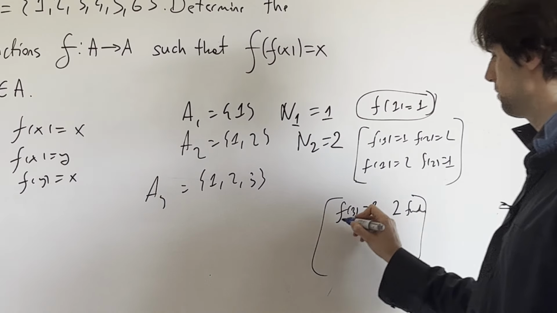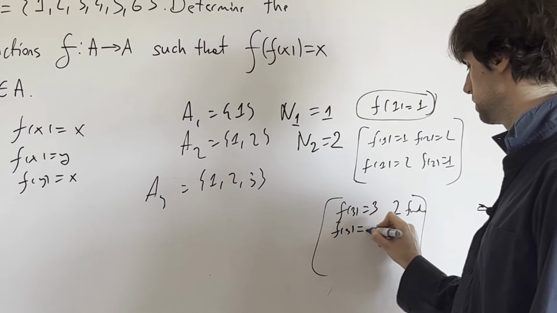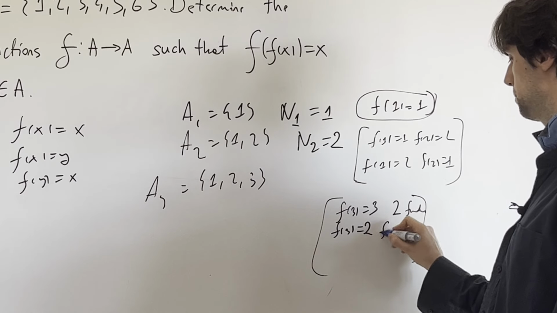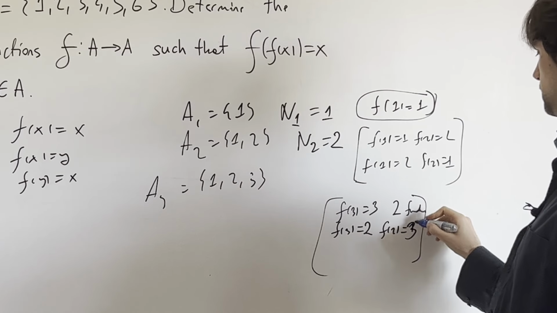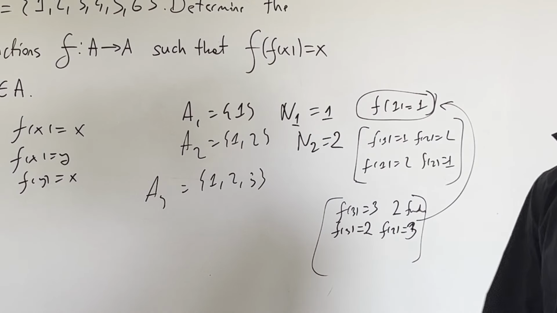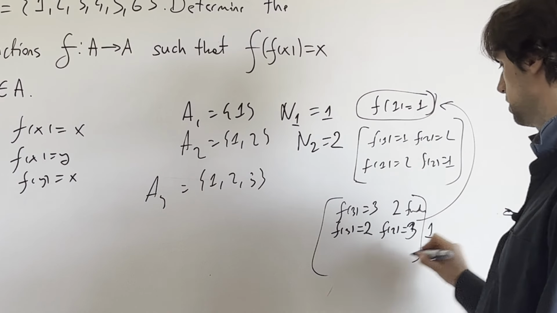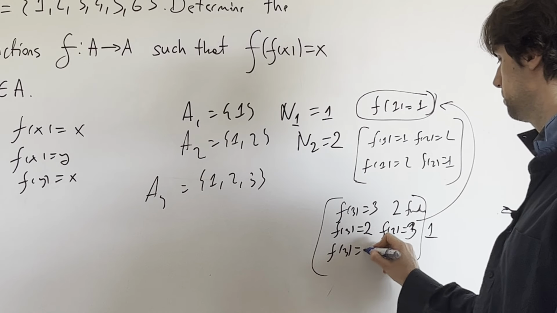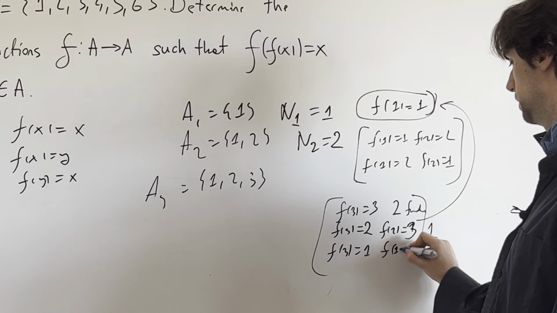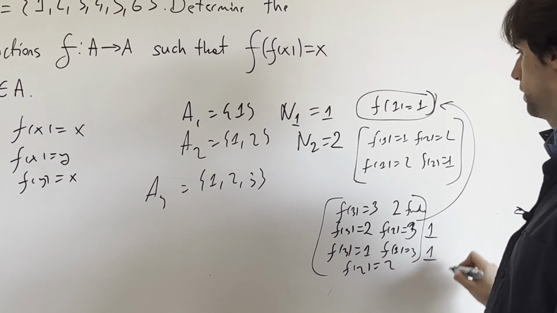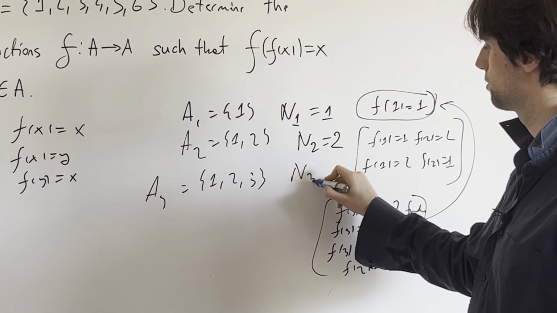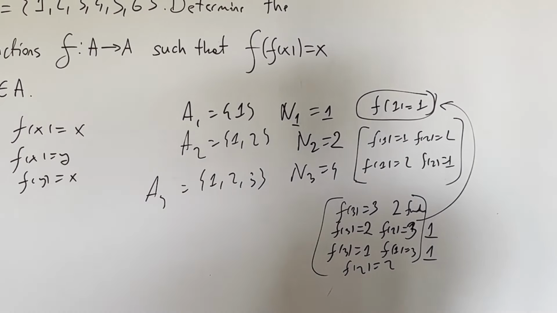And then if f of 3 is equal to 2, that makes f of 2 equal to 3, and then we have 1 function. And then f of 3 is equal to 1, and f of 1 is equal to 3. Again, we have f of 2 is equal to 2. We only have 1 other function, so N3 is equal to 4.